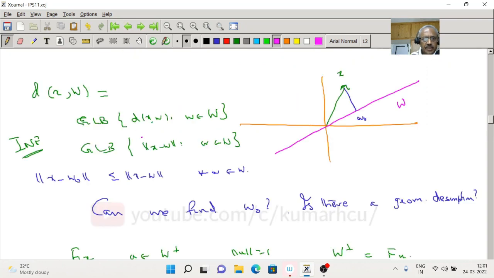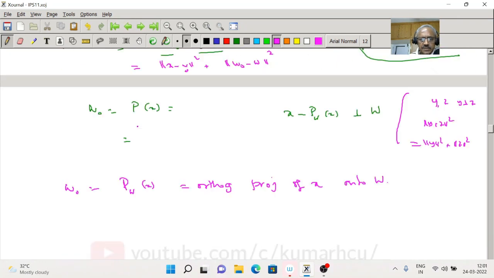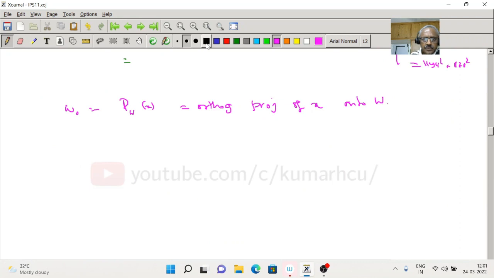Now I want to find the distance. Therefore, the distance between x and W is the same as the distance between x and w naught, right? But I know what this is. I have written x as w naught plus t times u.